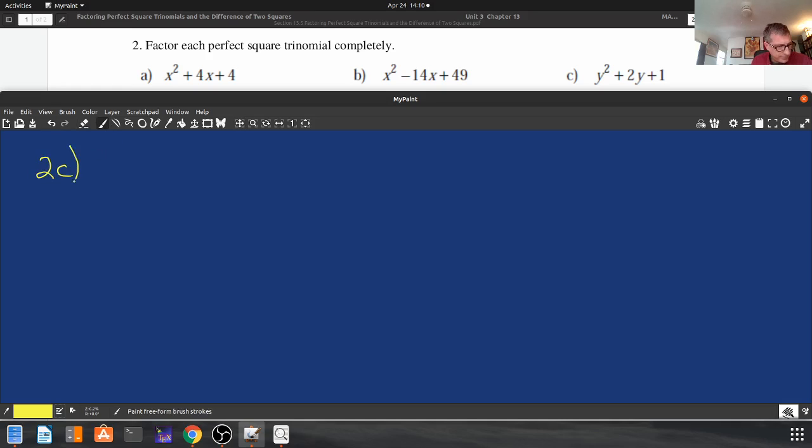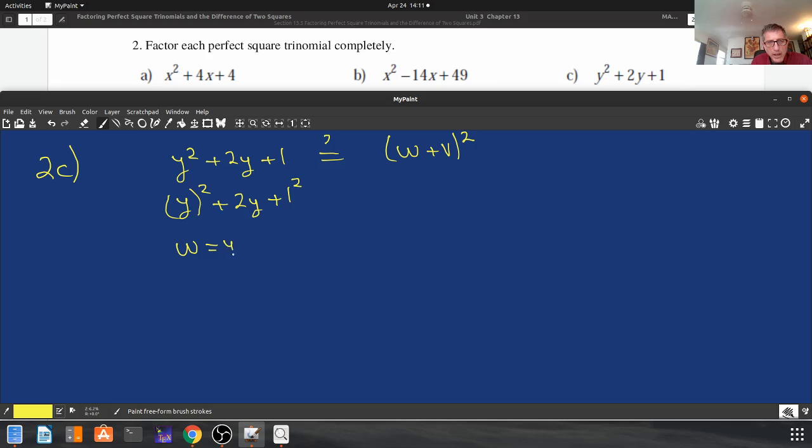Now let's do 2c. So y squared plus 2y plus 1. Well, our question is, can I find a w and a v such that that's equal to w plus v squared? Well, y squared is y in parentheses squared, and 1 is 1 squared. So if I let w equal y and v equal 1, I have candidates for my v and my w.